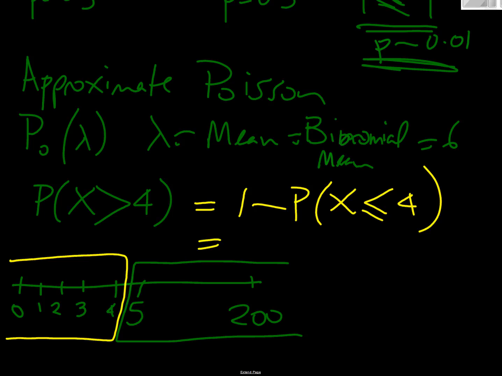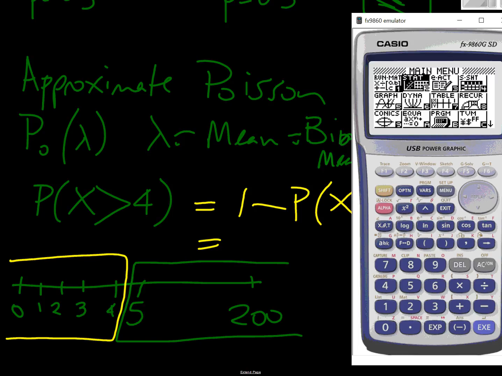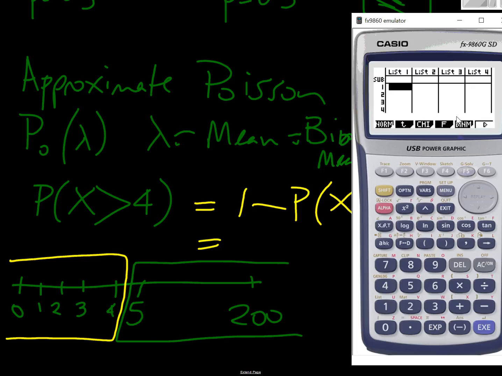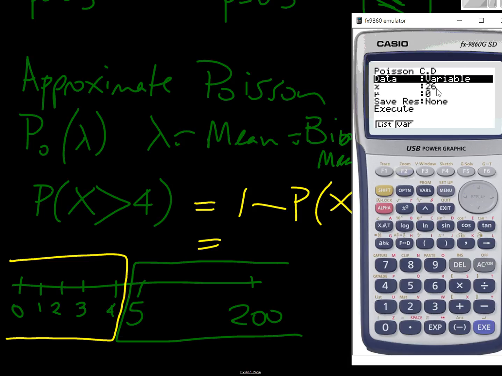So let's get our calculator up on the screen, and we're going to go to menu, then distribution. We're going to choose Poisson, and we're doing PCD, cumulative, because we're interested in less than or equal to. So let's go in there. For the variable, what's our X value going to be here? Well, our X value is 4.